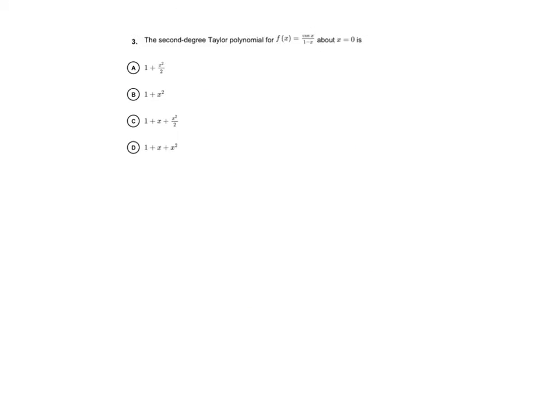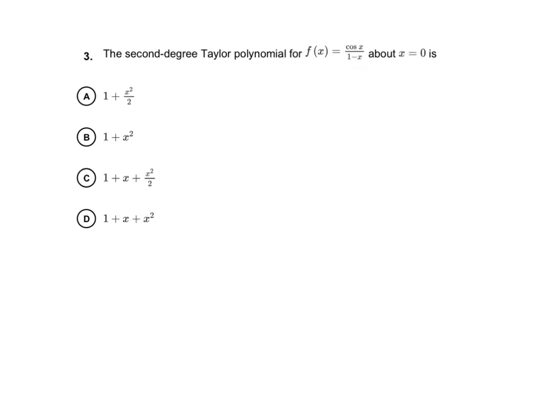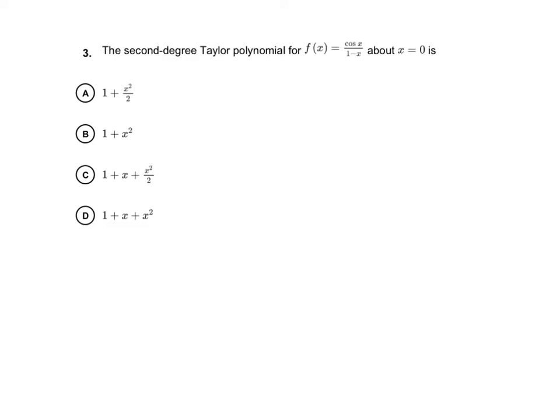Okay, so this one I thought was a kind of a tricky one. We can rewrite this as f of x equals cosine x times 1 over 1 minus x. So I'm going to call g of x cosine x, and then h of x 1 over 1 minus x.